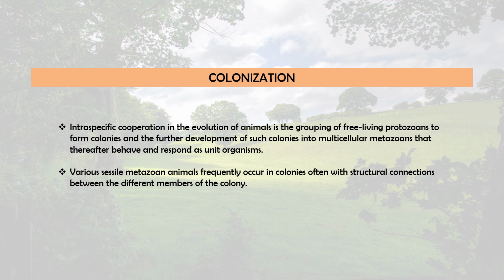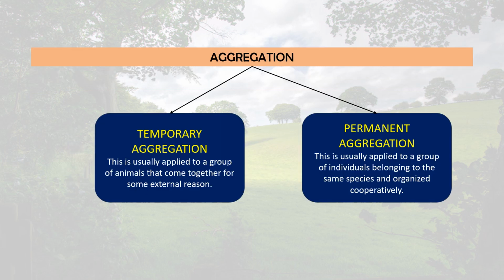Then the next is aggregation. The term aggregation refers to the habitual occurrence of individuals of a species in large groups for various purposes. Many animals live in groups. Some animal aggregations are temporary and others are more or less permanent. So there are two types of aggregation, temporary and permanent. Temporary aggregations are applied to a group of animals that come together for some external reason.